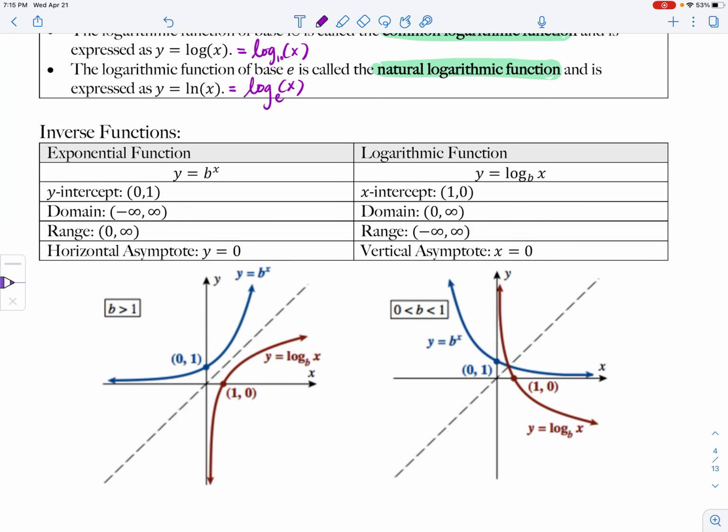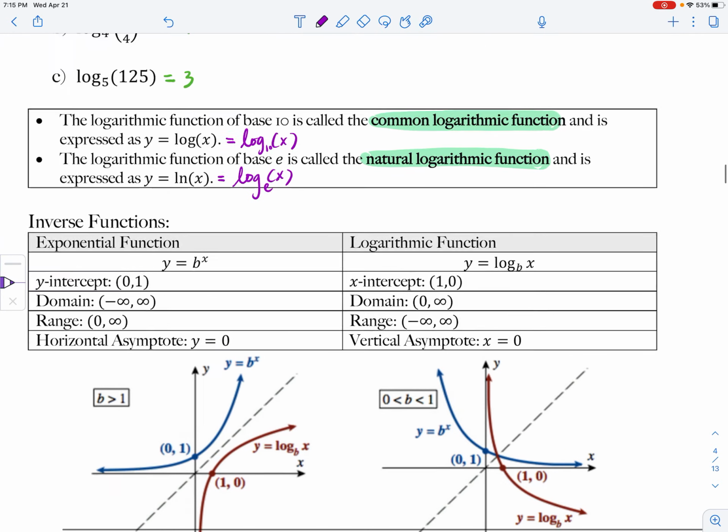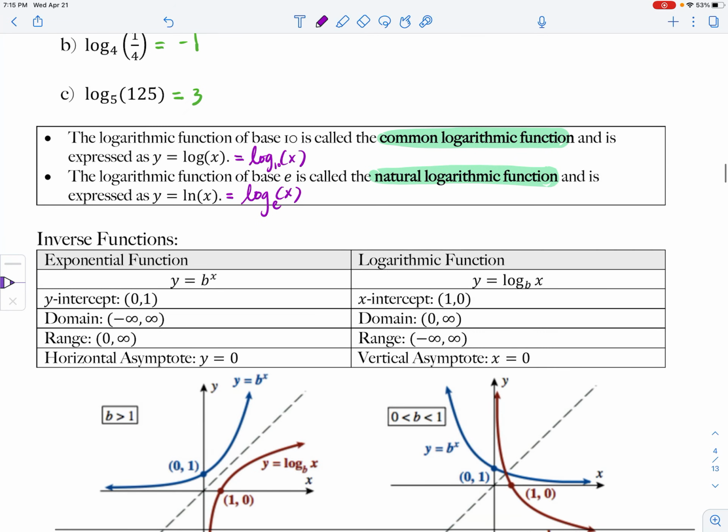But you can also just call up log on your calculator if you hit the math button and you scroll up. On my calculator, it's A. So if you have a newer TI-84, not a really old one, you'll have the option for log base, and then you can type in what you want your base and your argument to be in order to evaluate.